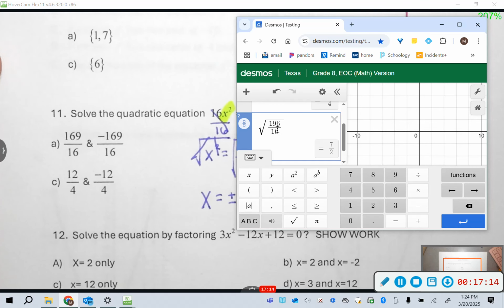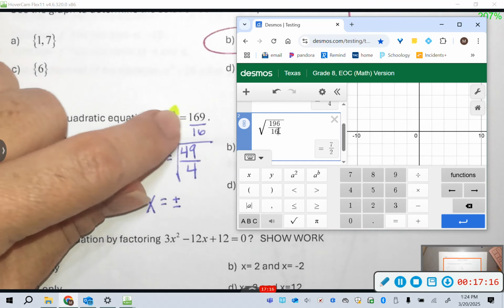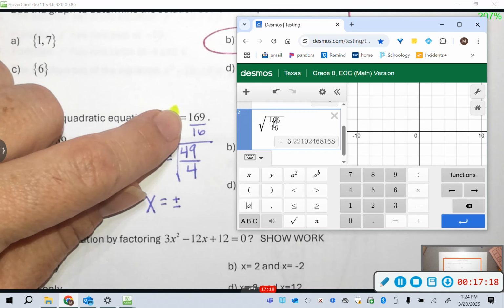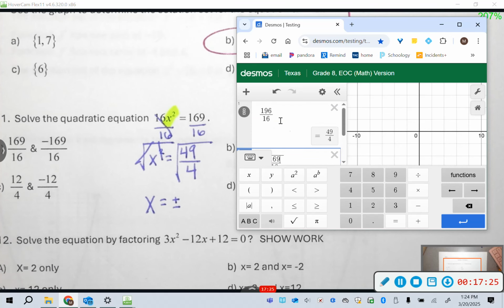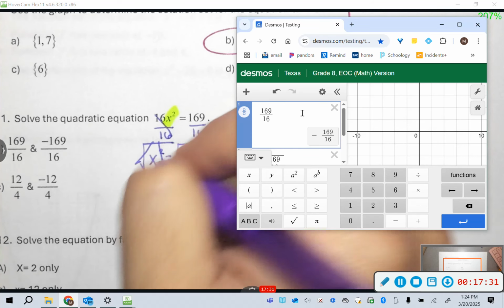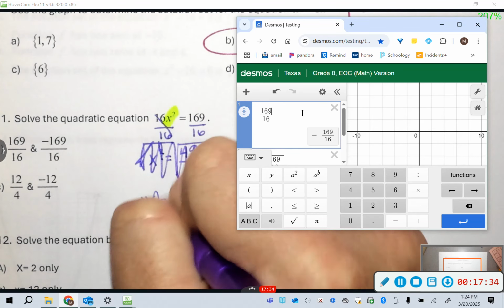Oh, goodness gracious. I'm a mess. It's 169. There we go. I was like, what am I doing wrong? I switch numbers all the time. It doesn't simplify. Goodness. Sorry, y'all.